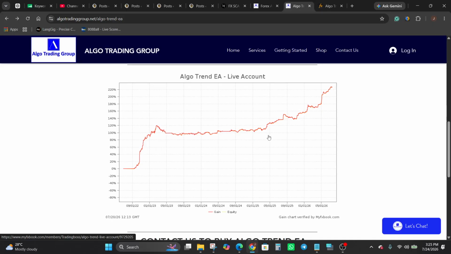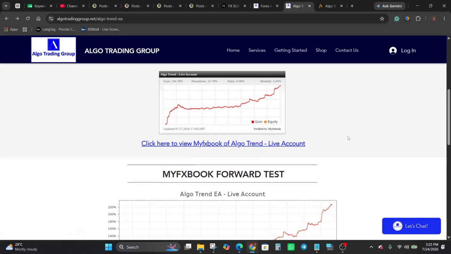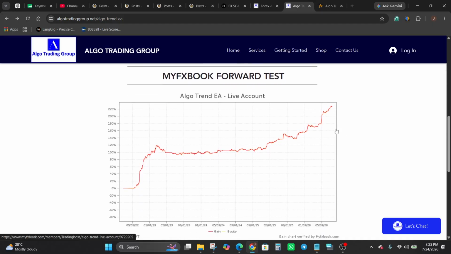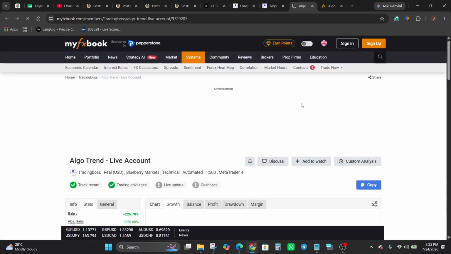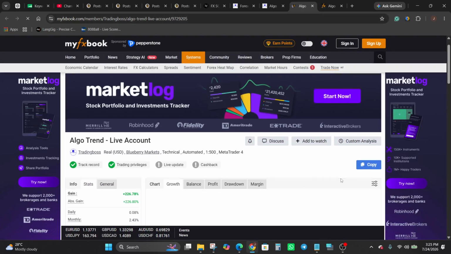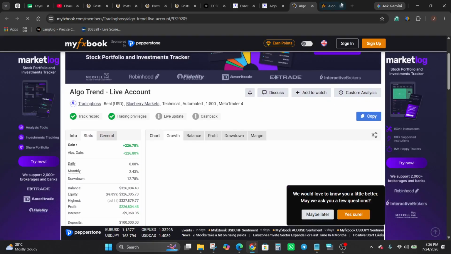From 2025 into 2026, the equity curve shows renewed steady upward momentum. This historical equity behavior is typical for pure trend following algorithms. They tend to experience periods of flat performance during sideways or choppy market regimes.